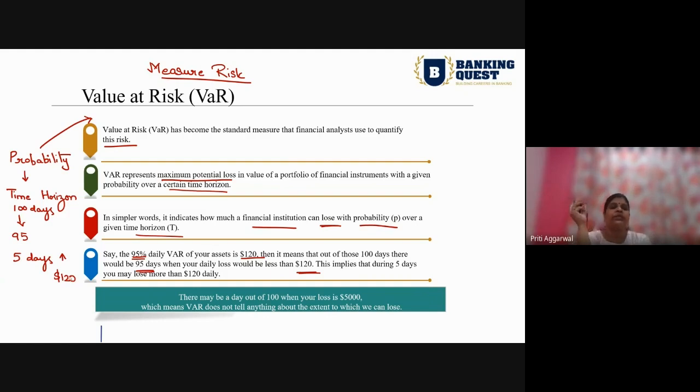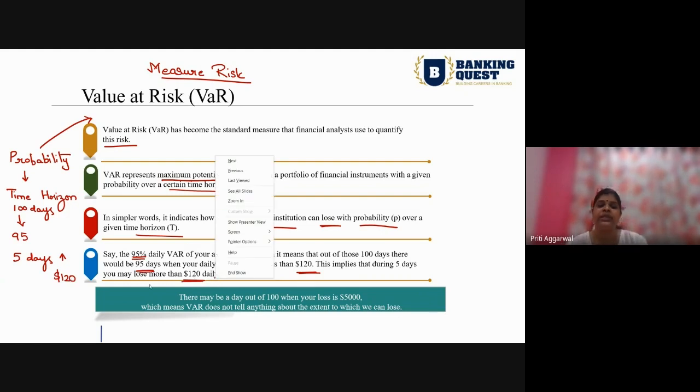So value at risk is talking about the time horizon, and it is talking about the probability, so the level of confidence, right? The confidence level will determine how much I am going to lose, what will be the maximum loss which I can make on a single day, right? This implies that during 5 days, you may lose more than $120 daily, right?